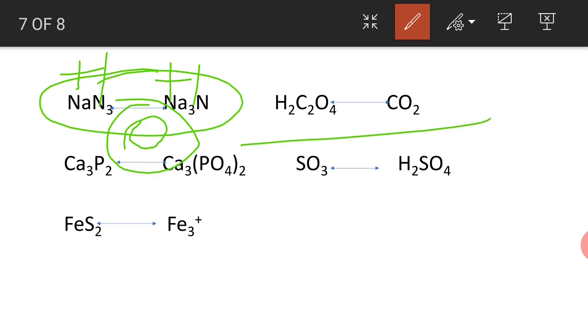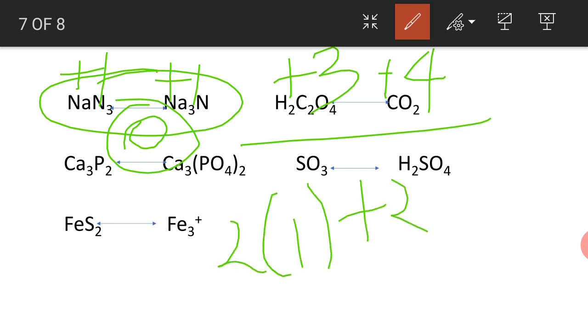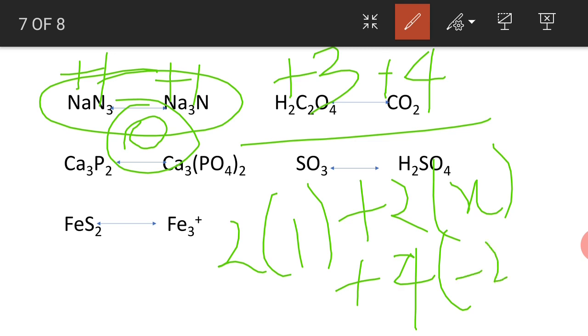And when we talk about this, here you see the carbon. Here the carbon is in the +4 oxidation state, and here the carbon is in the +3 oxidation state, I think. Let x be the oxidation state: 2x plus 4 minus 2 equals 0, so x will be equal to 3.